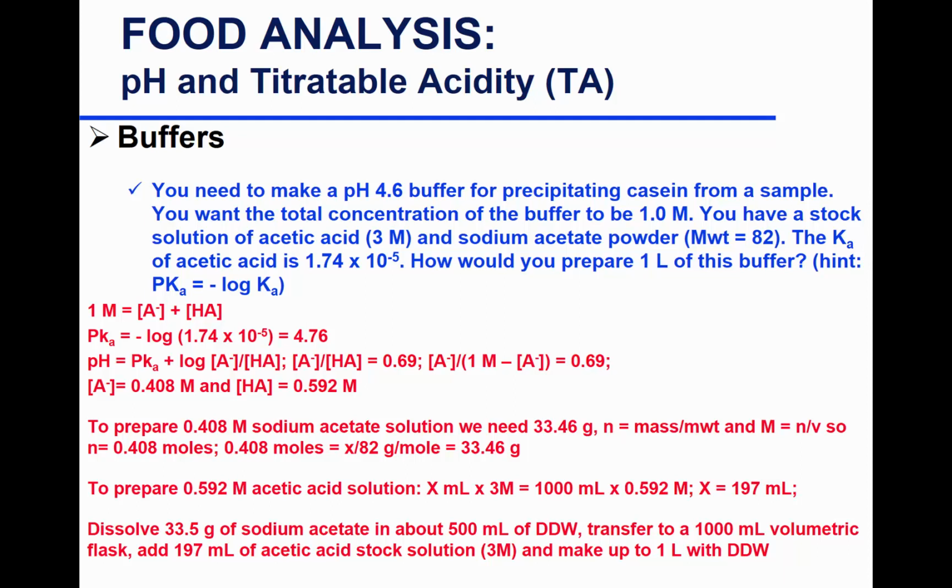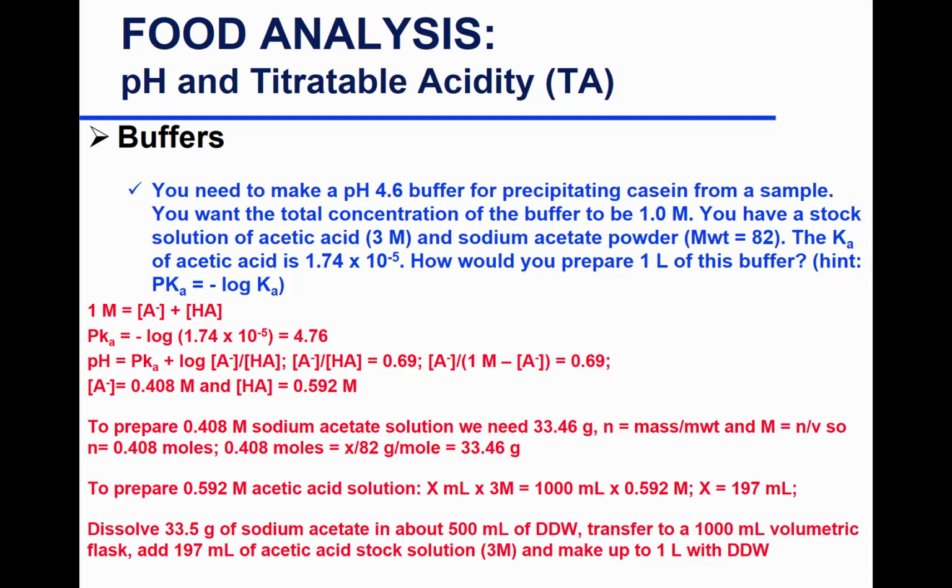So I start with number of moles. Number of moles equals mass over molecular weight. And molarity equals number of moles per volume. So number of moles equals 0.408. Clear to that? Okay. So molarity is 0.408, number of moles is 0.408 moles.